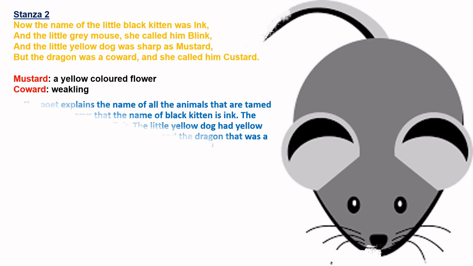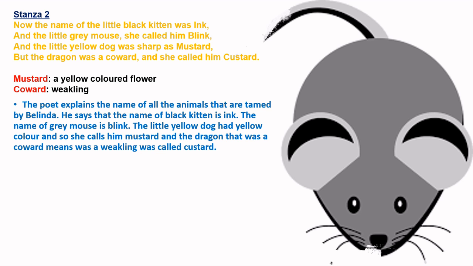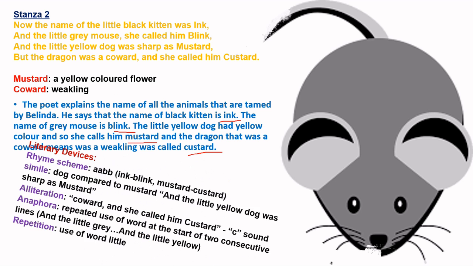So here in this stanza, the poet explains the names of all the animals that are tamed by Belinda. He says that the name of the black kitten is Ink, the name of the grey mouse is Blink, the little yellow dog had yellow color, so she called him Mustard, and the dragon that was a coward, a weakling, was called Custard.